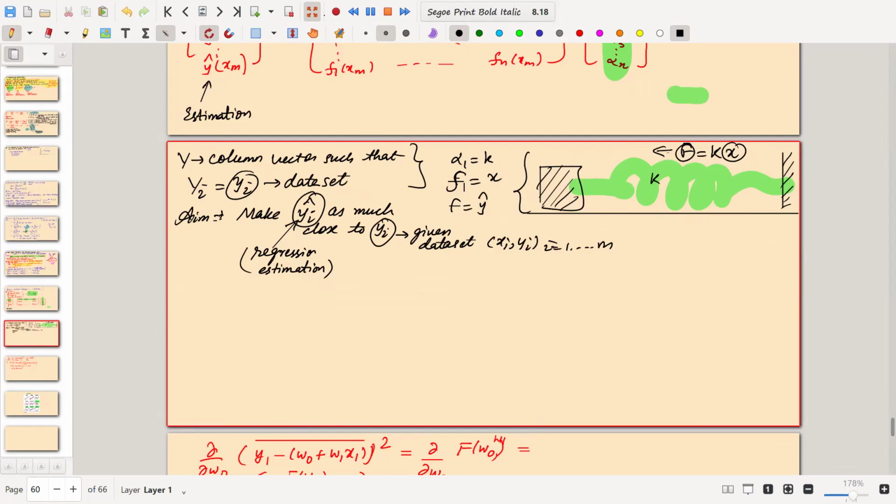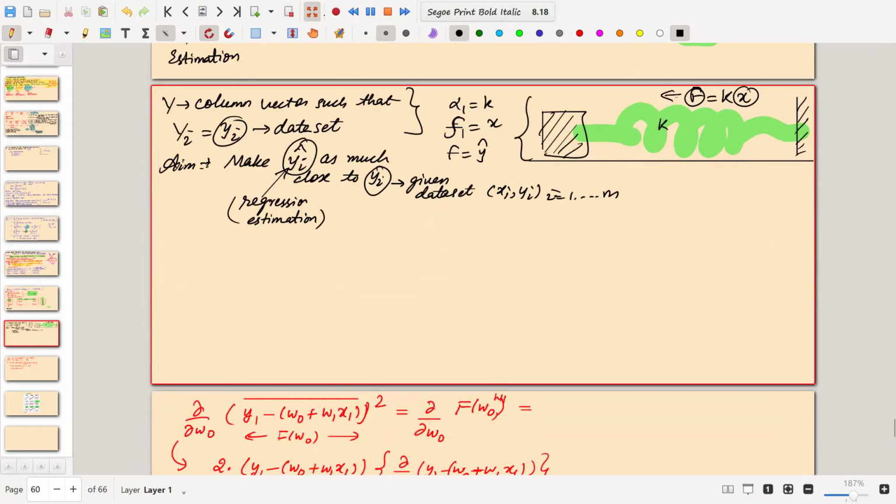How many of you understood? Okay, understood. So you understood what we are trying to do here.